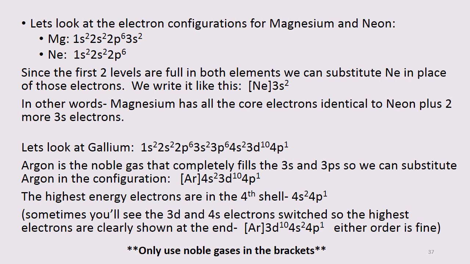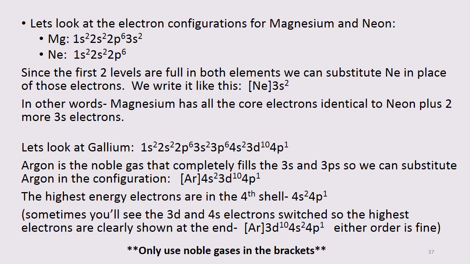So even though we're in the fourth shell, and even though we have d's, we want to look for the s's and p's in the highest energy level that are totally full. Argon is the same as 1s2, 2s2, 2p6, 3s2, 3p6. So argon is the noble gas with the closed third shell. And then we just put everything that comes after argon: 4s2, 3d10, 4p1.